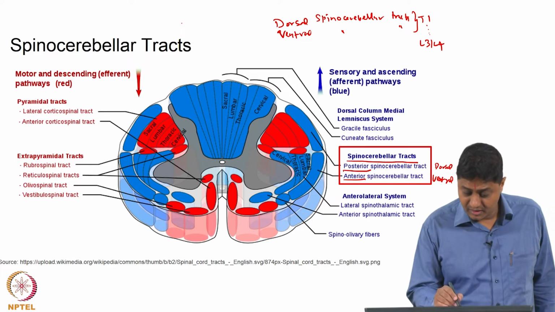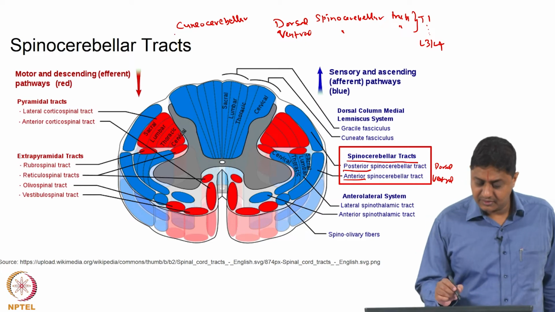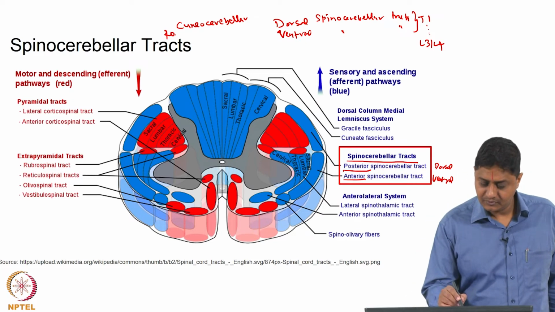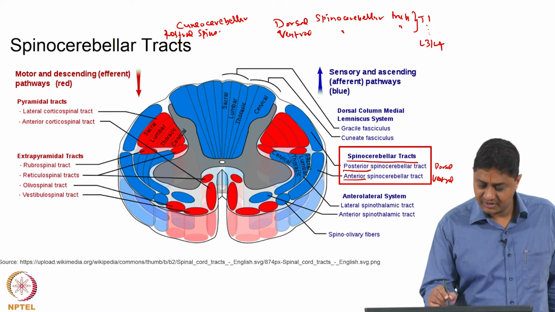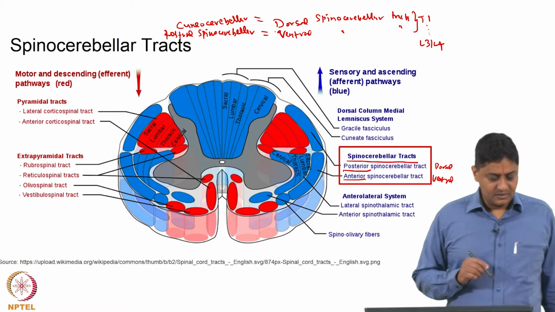Those are brought about by the cuneocerebellar pathway and the rostral spinocerebellar pathway. They are the analogues. These two are equivalent and these two are equivalent.